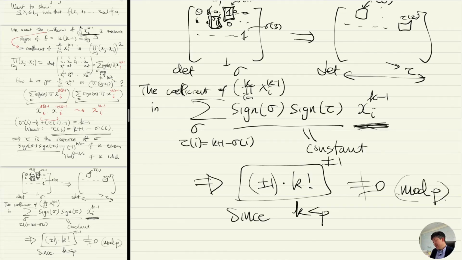So that means the coefficient is non-zero, so we can apply the Combinatorial Nullstellensatz.